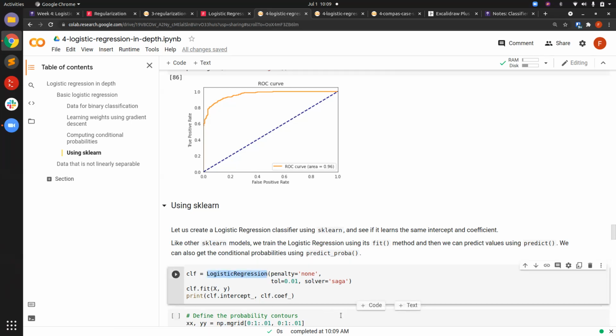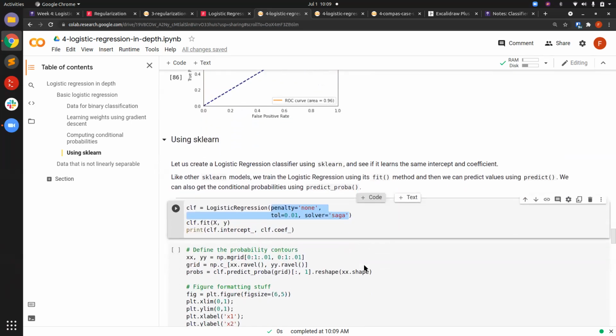We're going to create an instance of logistic regression. We'll pass some parameters related to what kind of procedure we want to use to solve it. In my next demo, I'm going to explain a little more about choosing the solvers. And we're also choosing the tolerance. At what point do we want to stop the gradient descent?